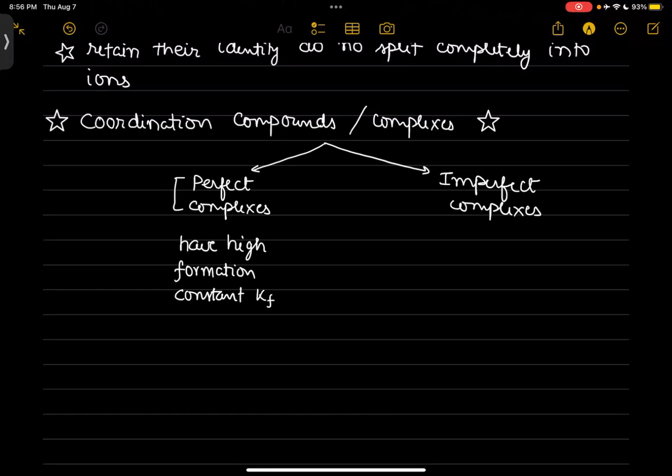Its higher value indicates that they will have a tendency to form. Is it clear? So these perfect complexes, as the name indicates, are very stable and have a high formation constant value. It means their equilibrium constant for the formation is very high. Imperfect complexes are not as stable as these.